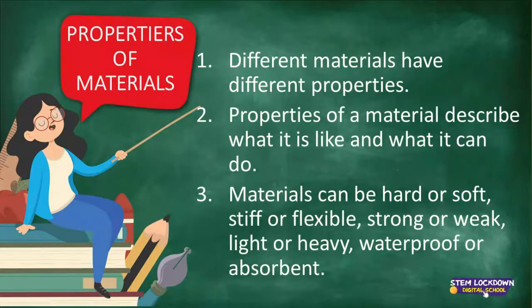I said materials can be hard, soft, stiff, flexible, strong, weak, light, or heavy, waterproof or absorbent. Those are the properties that we are going to look at in today's lesson. Let me start with the strength.